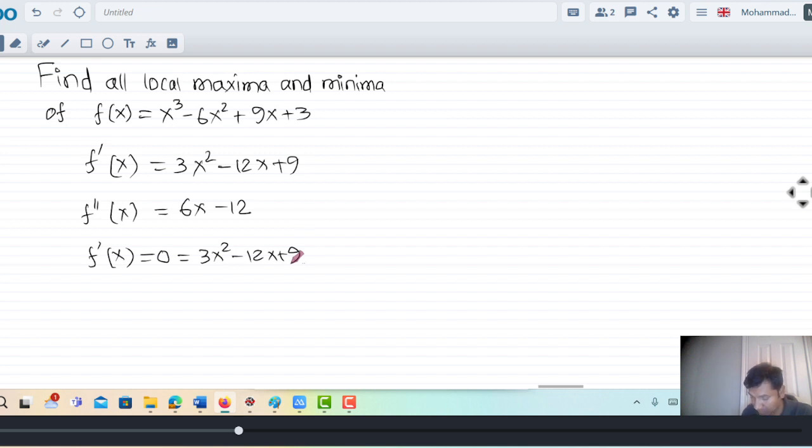Now simplify this and solve for x. We have 3 times x squared minus 4x plus 3 equals 0. Dividing by 3 from both sides, we get x squared minus 4x plus 3 equals 0.